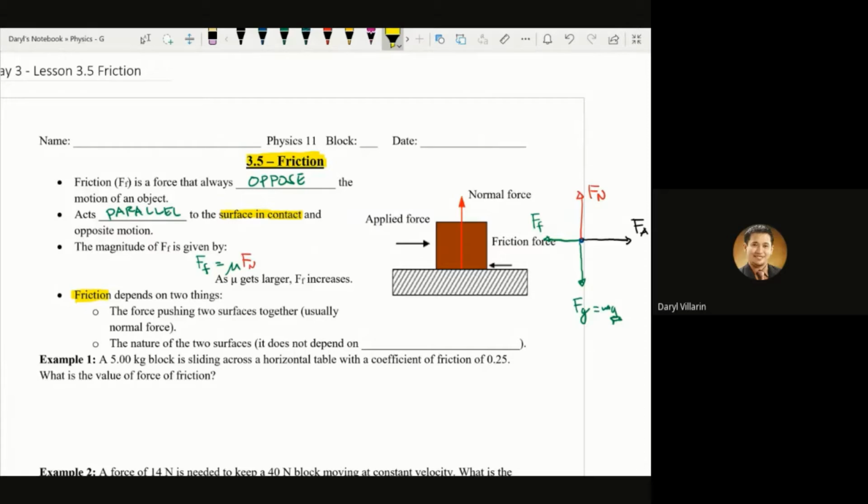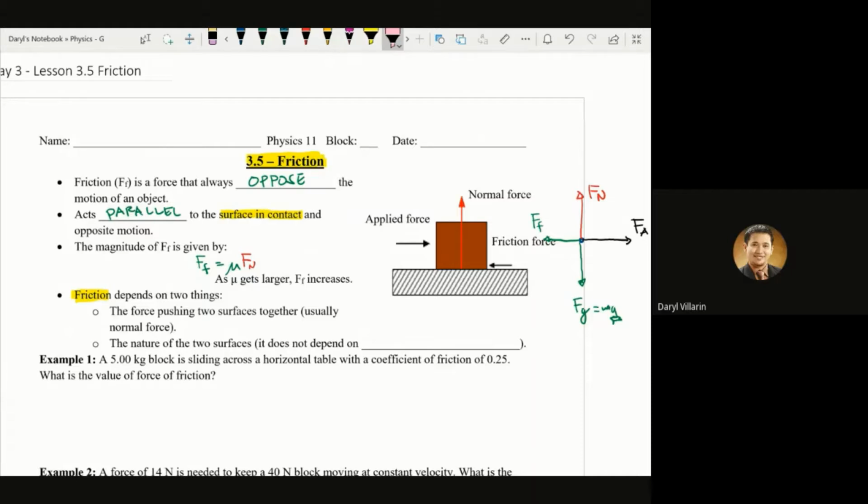So friction depends on two things. The force pushing two surfaces together, so it is just how hard the two surfaces in contact are pushing each other. And remember that the normal force is just the reaction force by the surface.